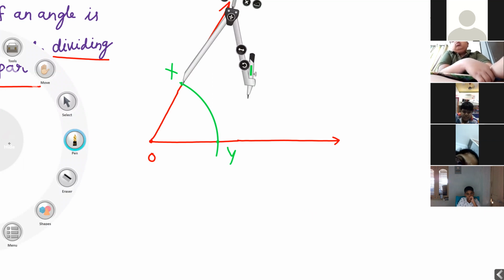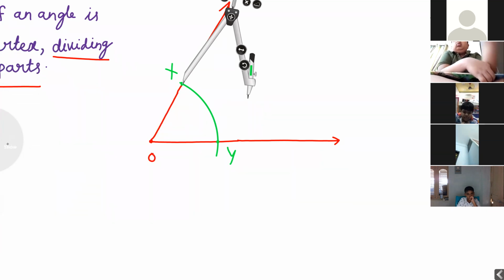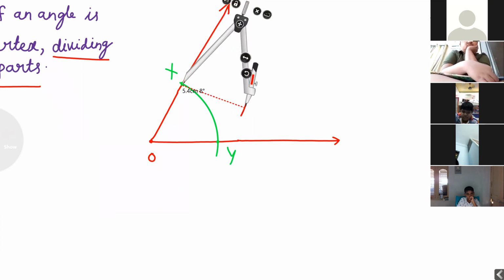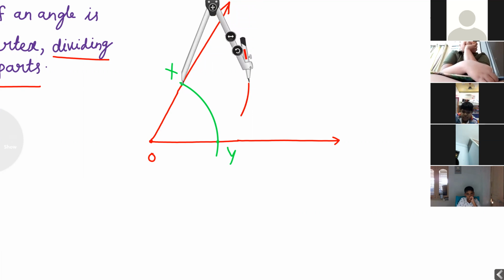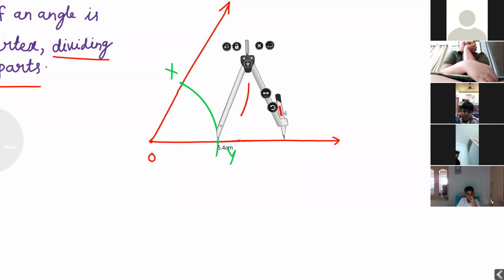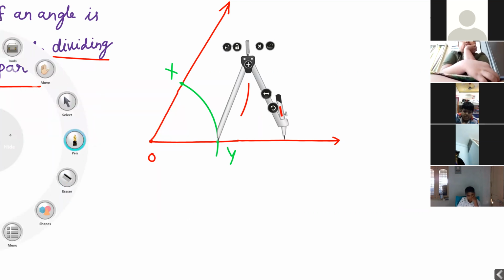After that, I keep my metal point at point X and cut one arc. I am not changing my radius. Again, I keep the metal point at point Y and cut one arc.